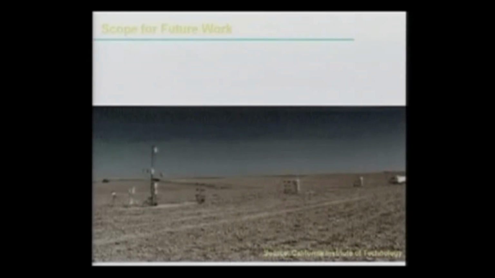They have put lots of samplers here. You can see the sampler here, the wind measurements, and here the dust sampler, and on this side also you can measure the dust.